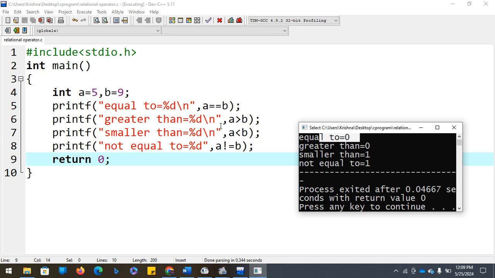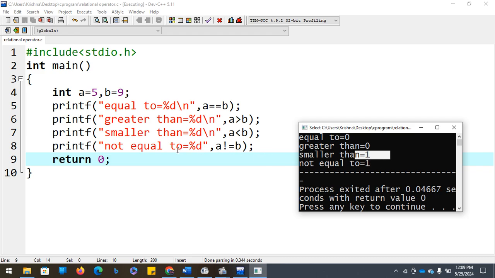Similarly, we can see in the second, that is A is greater than B. Here A is not greater than B, so it is returning 0. Similarly, in the third part, there is A is smaller than B, and obviously A is smaller than B, so it is returning 1. Means the condition is true, so it is giving us 1.